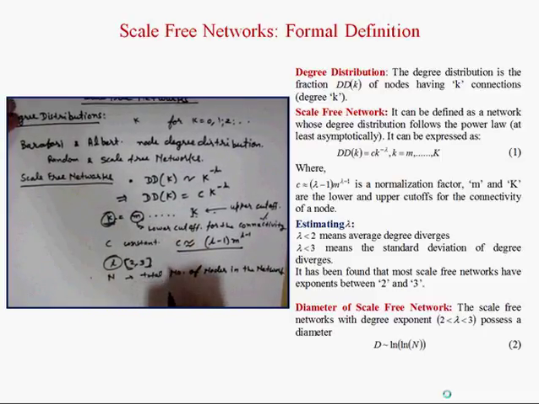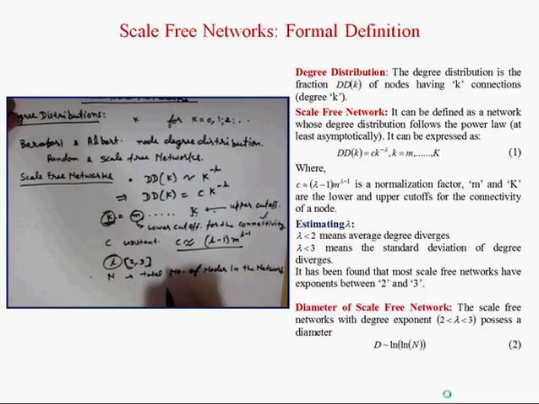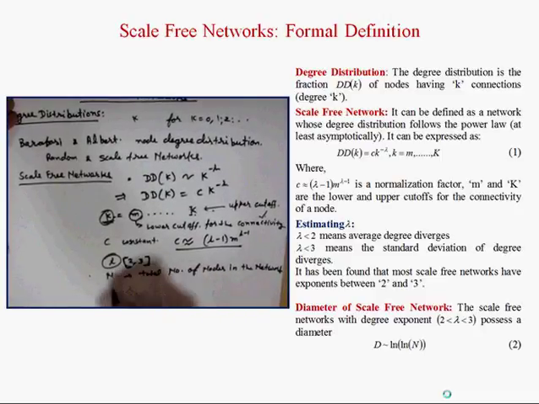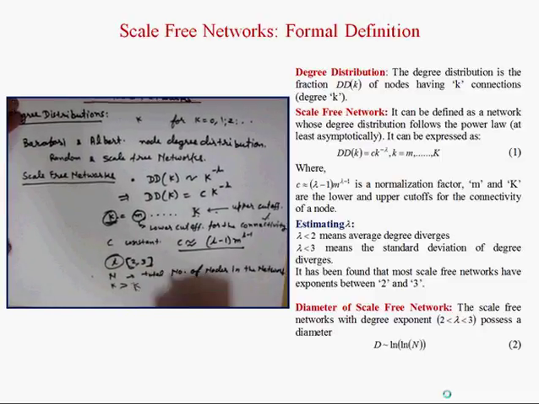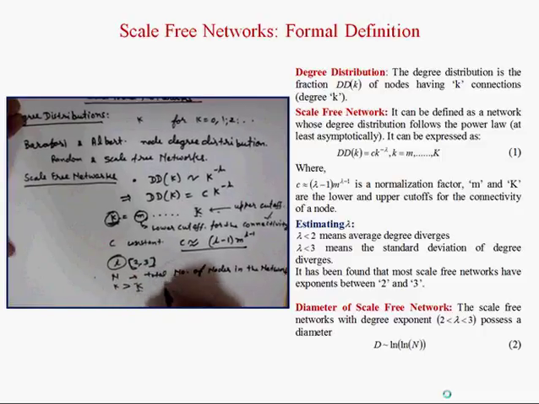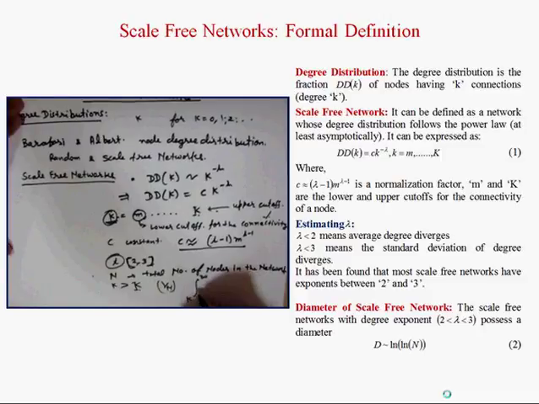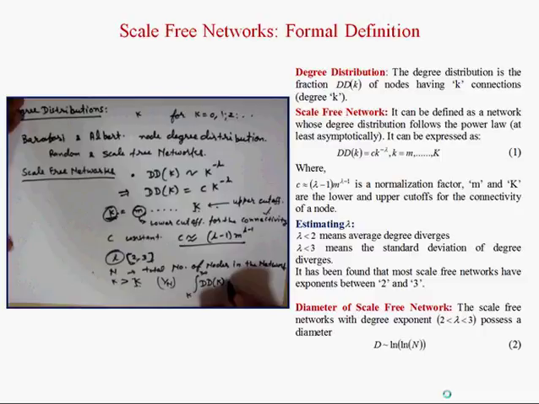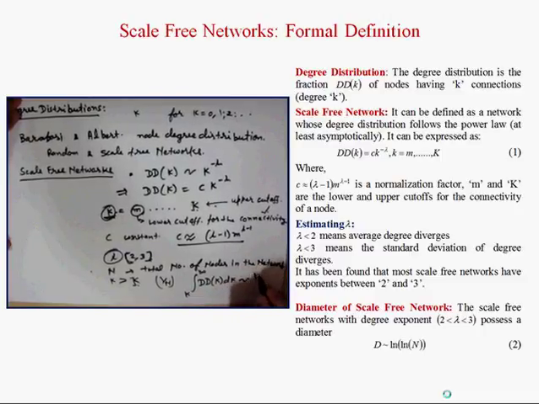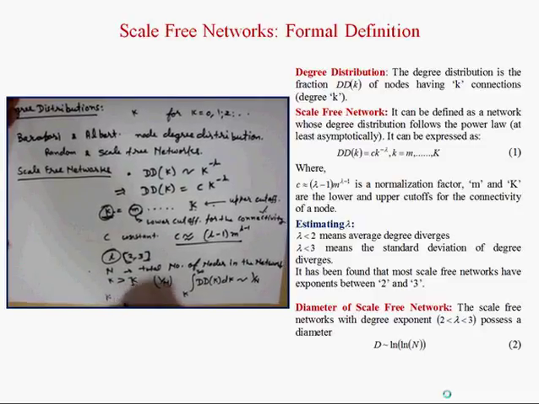It may be approximated by the total probability of nodes with k greater than capital K, and is of the order of 1 by N, and it can be obtained by using the integration with limit k to infinity. On solving, we will get a relation for K.